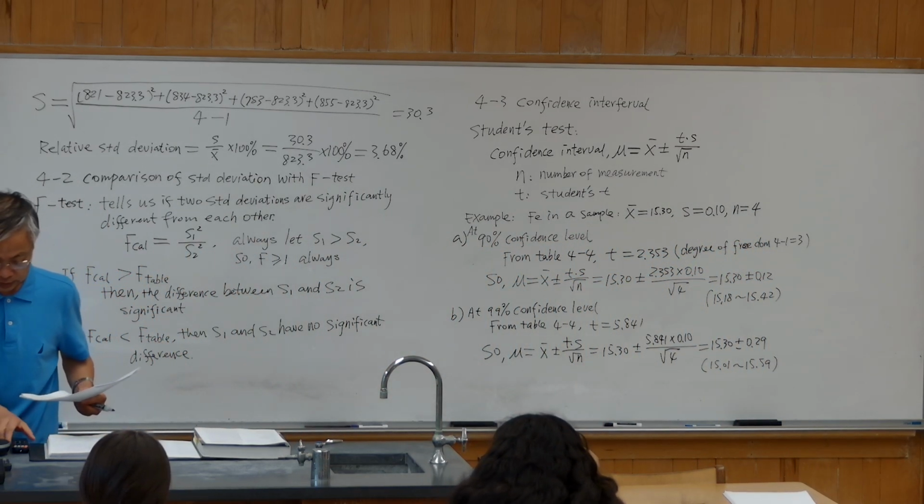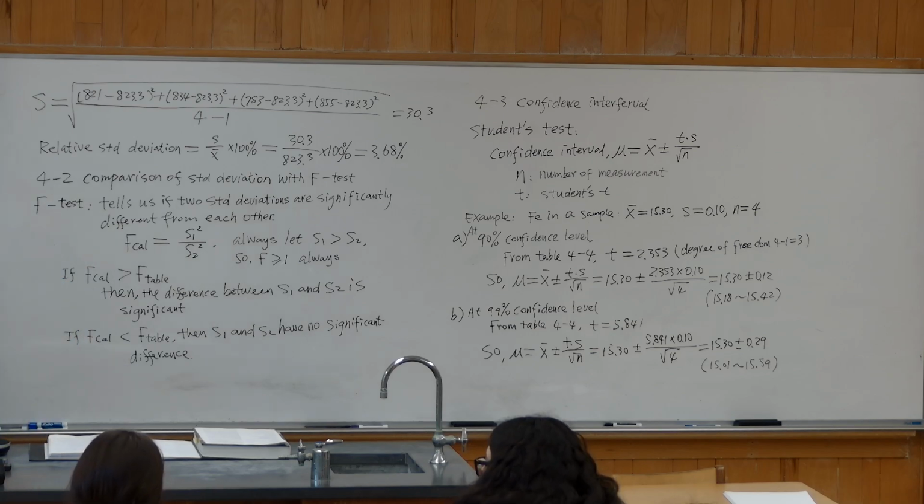And here is another example to tell you about confidence level. In this example we use a computer to randomly choose 4 numbers each time, and we repeat 100 times.